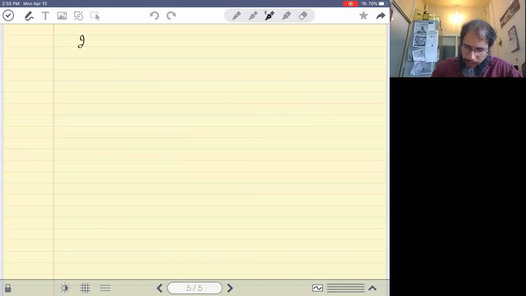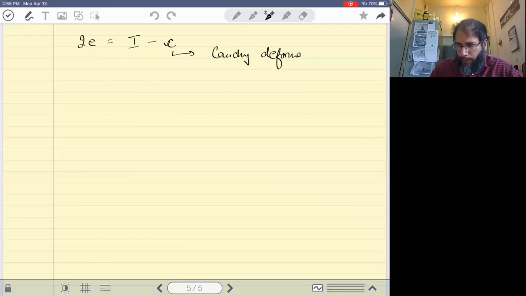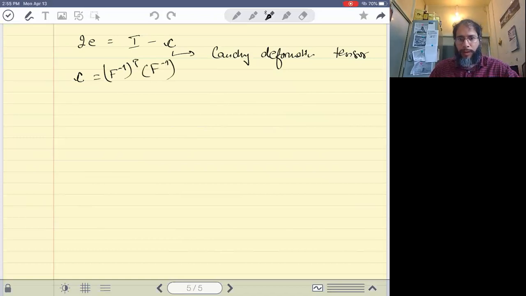We define twice small e as identity minus small c, where small c is called the Cauchy deformation tensor, and our small c is defined as F inverse transpose times F inverse. Yes, everything is the inverse of what we had defined earlier.